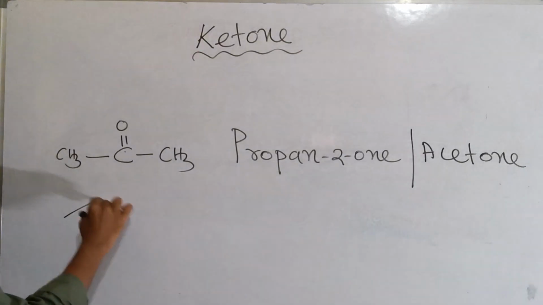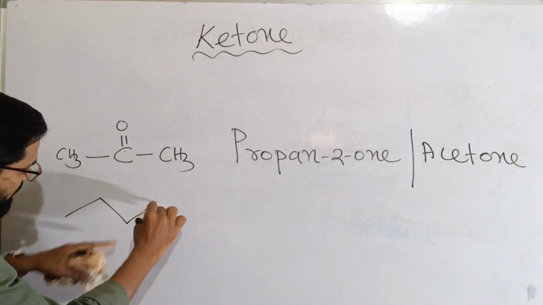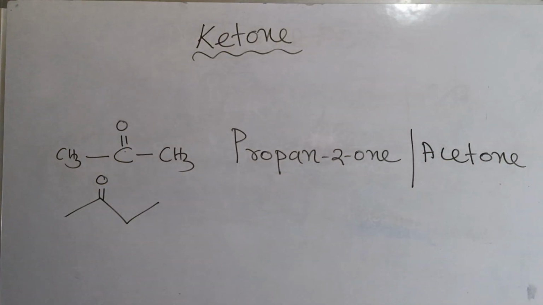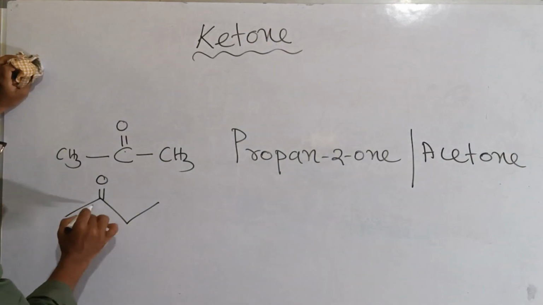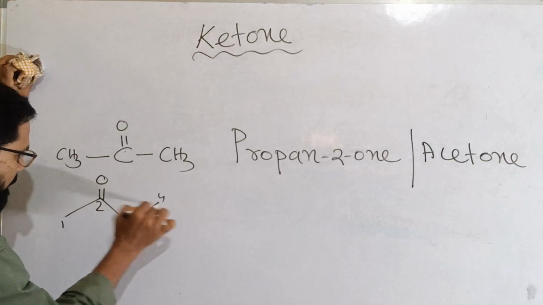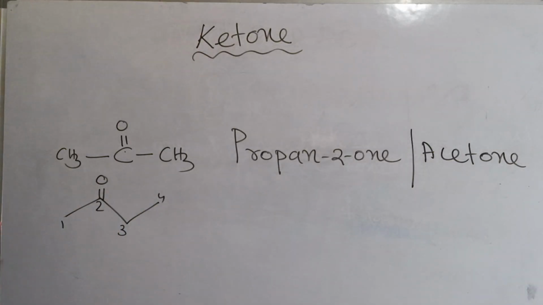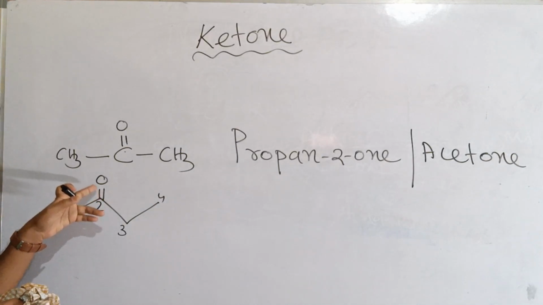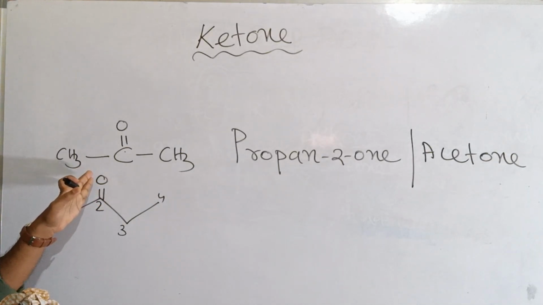Similarly, if we see this example, what will be the name? That will be butan-2-one. 1, 2, 3, 4. Your numbering starts from the left side, because the functional group should get the lowest number, the lowest position.